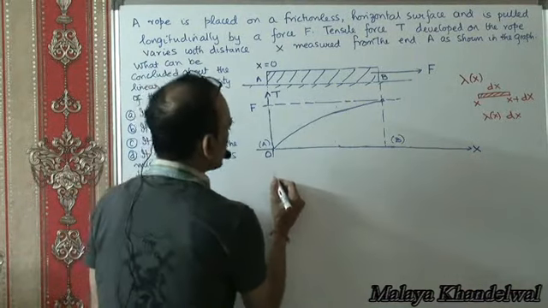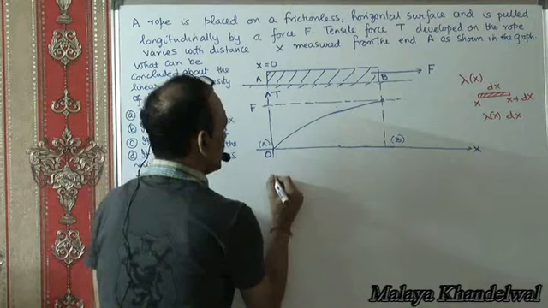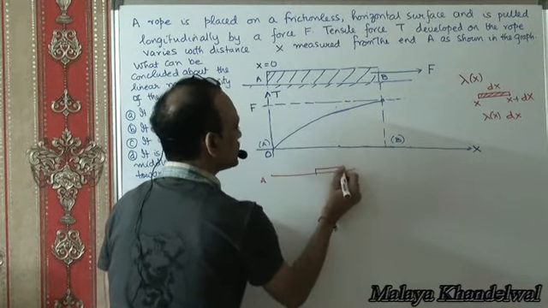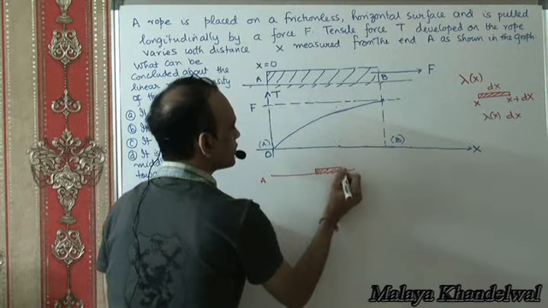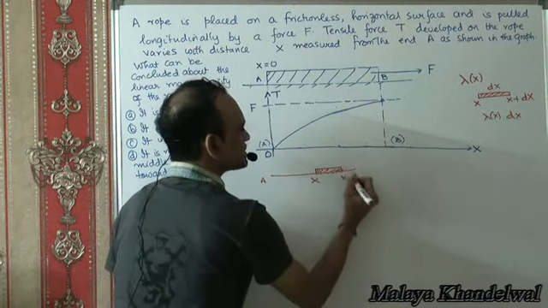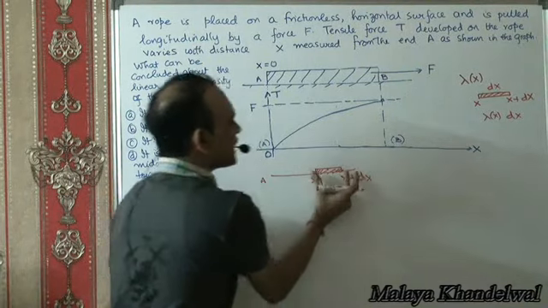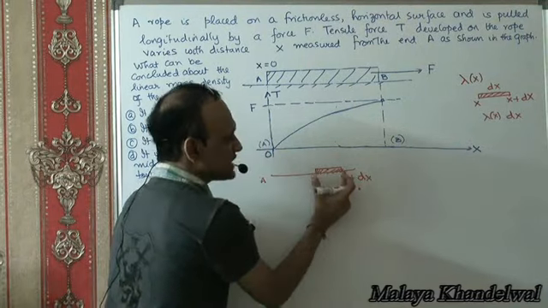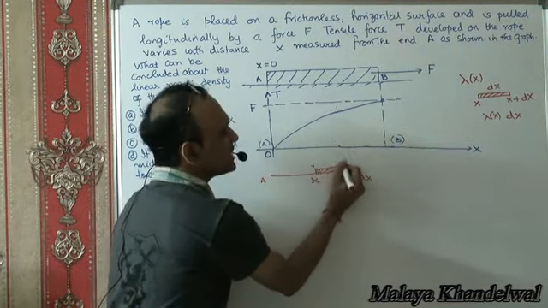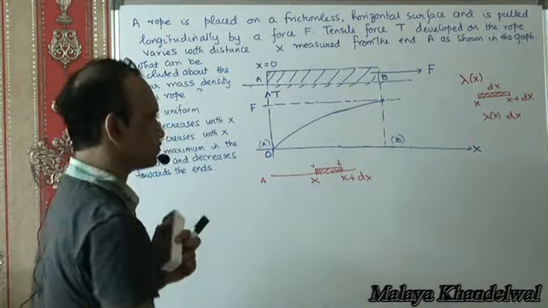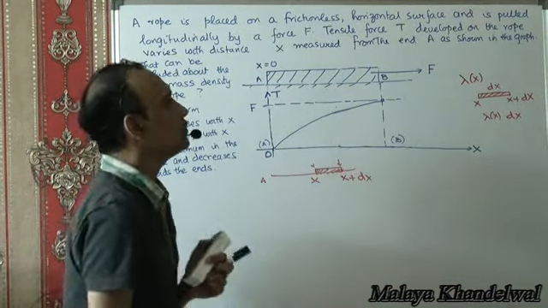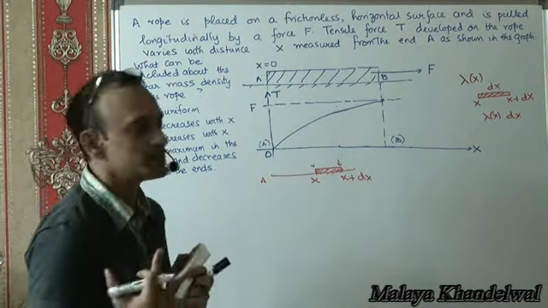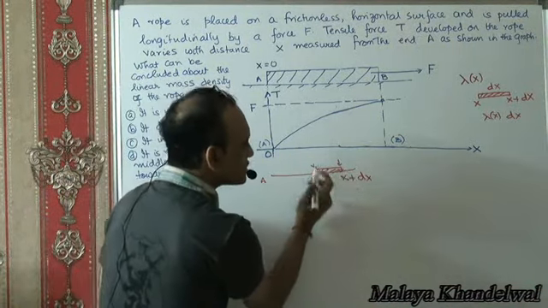Now if I look from the end A at an element of the rope, a segment of length dx measured from A, one end of this segment is at x, and the other end is at x plus dx. What can you conclude about the tension that develops in the rope as a function of x?